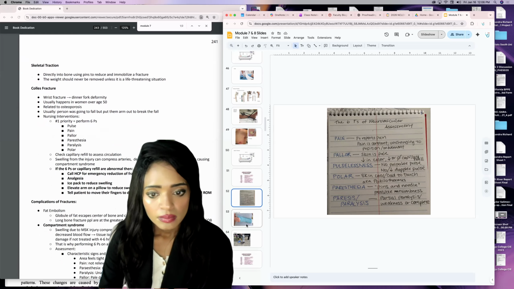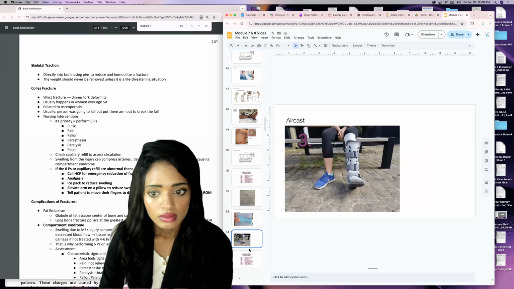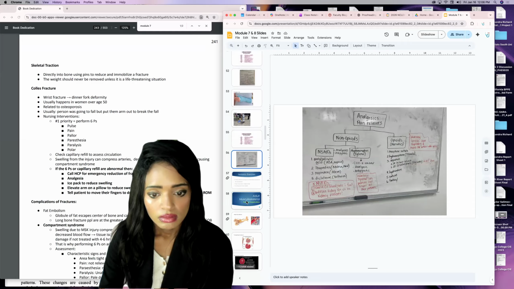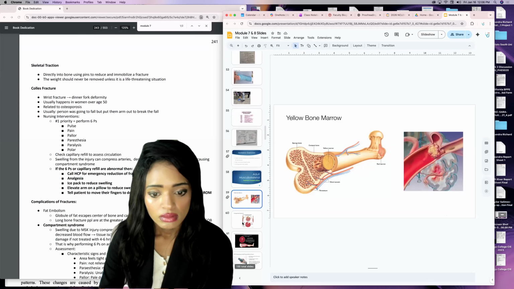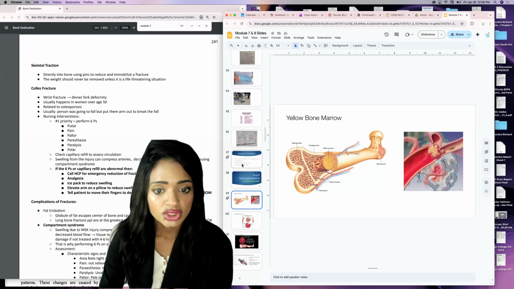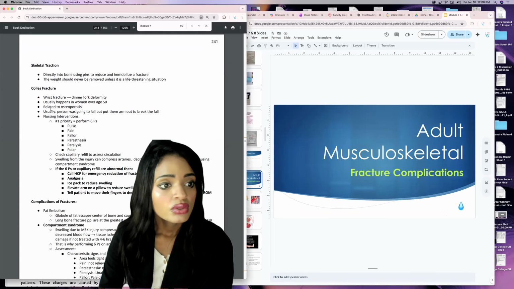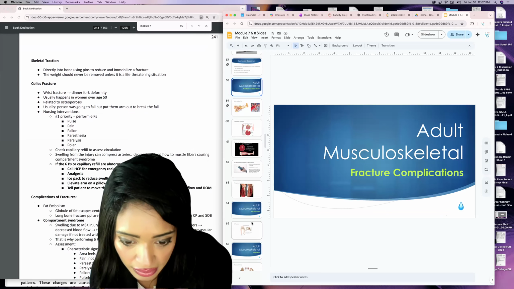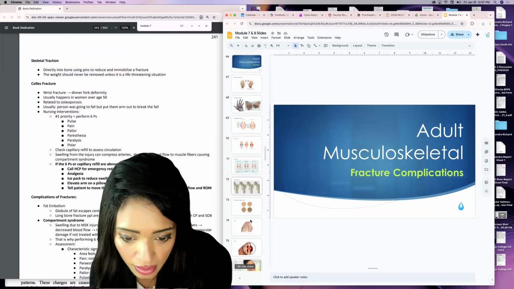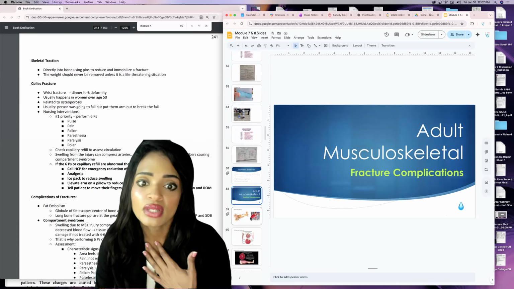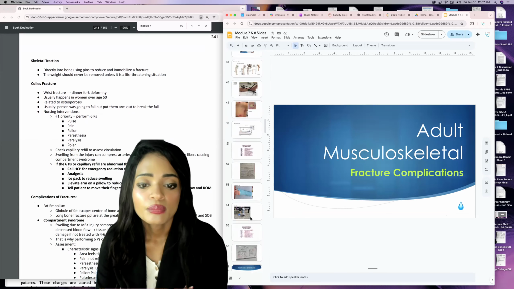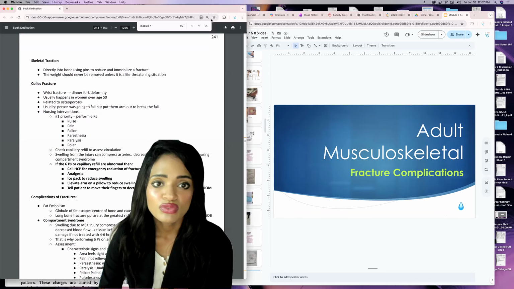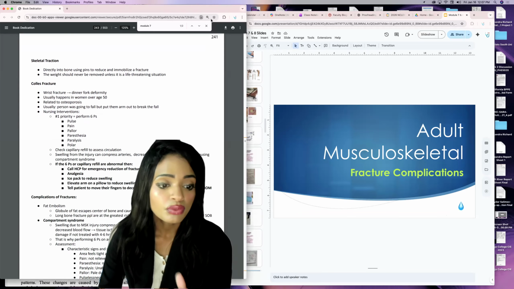Next up is Cole's fracture. Okay, so Cole's fracture is a wrist fracture. Give me a moment. I'm going to put a picture up of Cole's fracture to show you the dinner fork deformity.